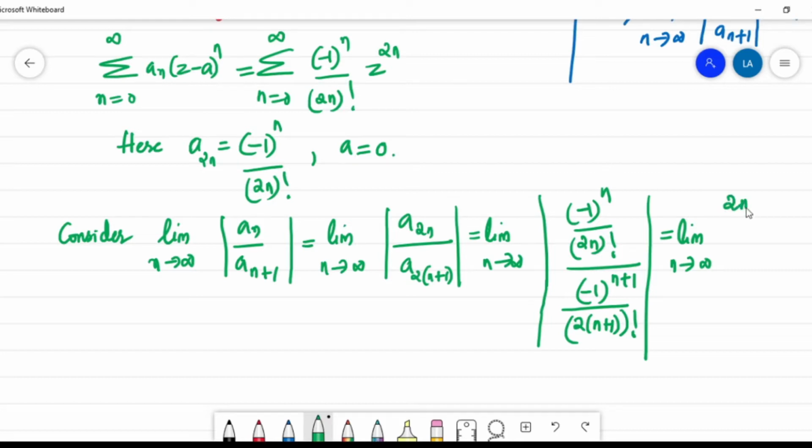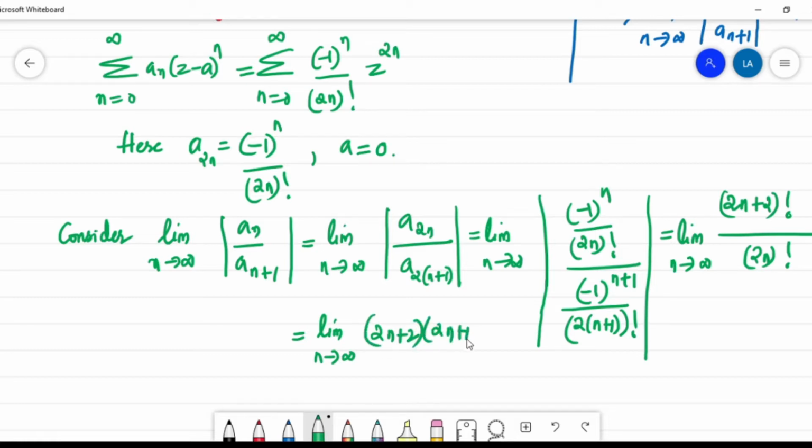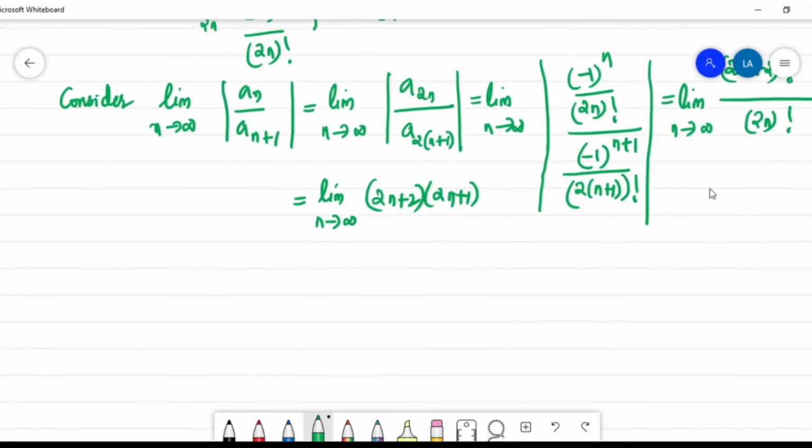So you are going to get 2n plus 2 the whole factorial divided by 2n the whole factorial, which is equal to limit n tends to infinity 2n plus 2 into 2n plus 1, and you definitely have 2n factorial in the numerator and 2n factorial in the denominator. Both of them cancel out and we are going to get this, and this will definitely tend to infinity.